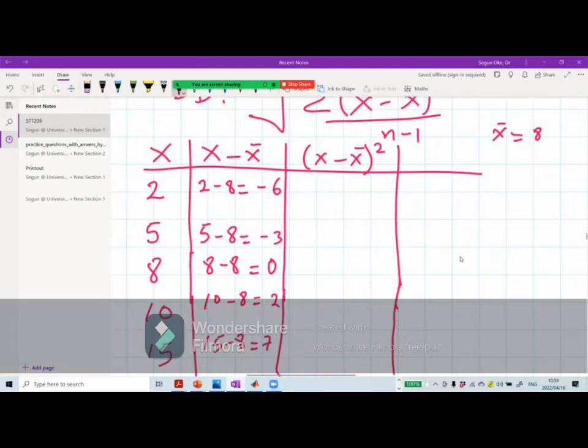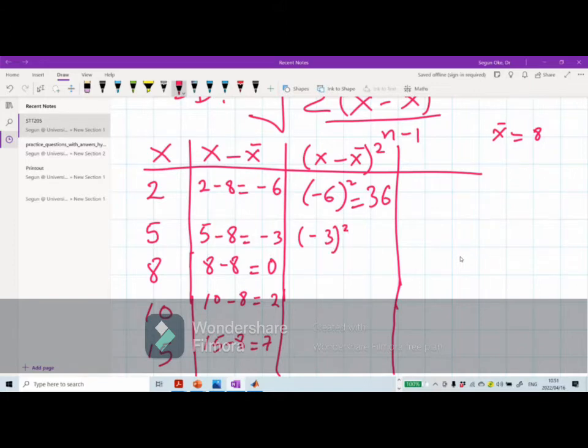I can now do something here by taking the square. Naturally, when you square a negative, it will turn to positive. When you are pressing your calculator, you can mistakenly press it in the wrong way and give you a negative on your own. So in this case, minus 6 squared is 36.